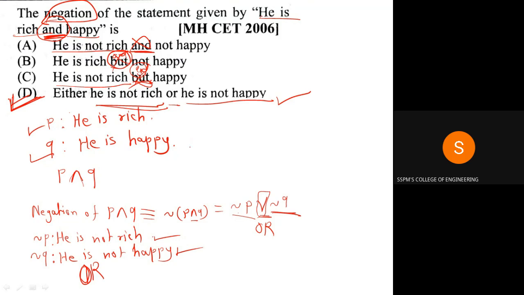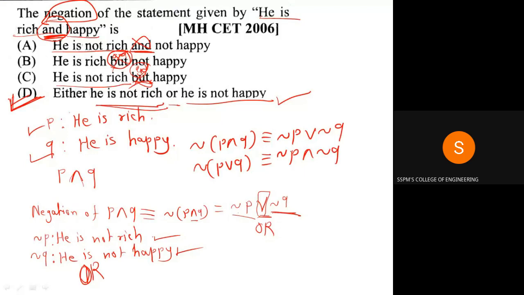You should remember that negation of P and Q is equal to negation of P or negation of Q. Or another way, negation of P or Q is negation of P and negation of Q. This is the way to find the negation of those statements.